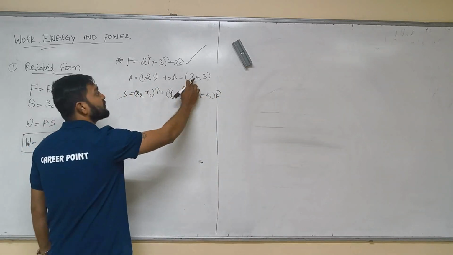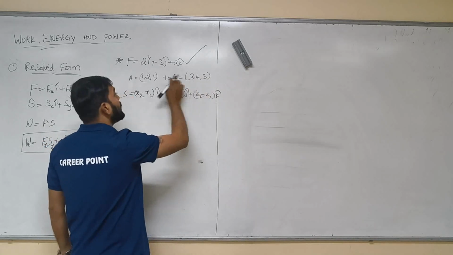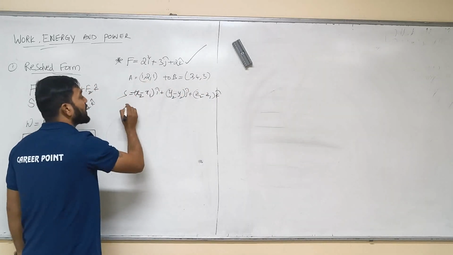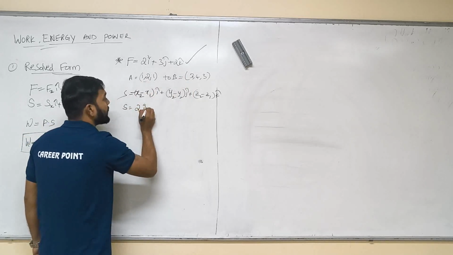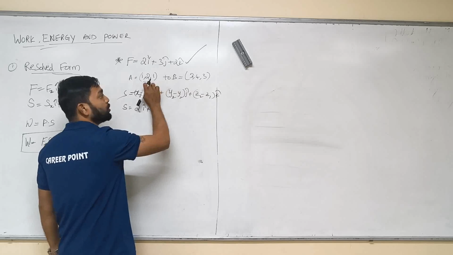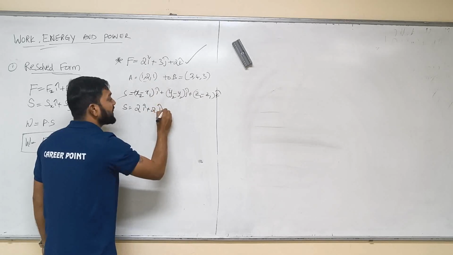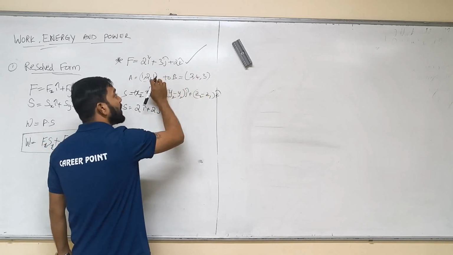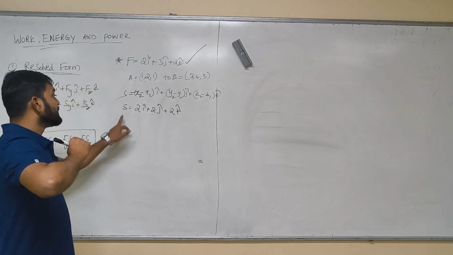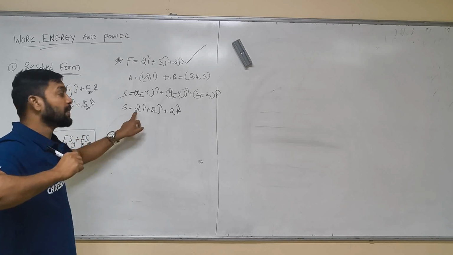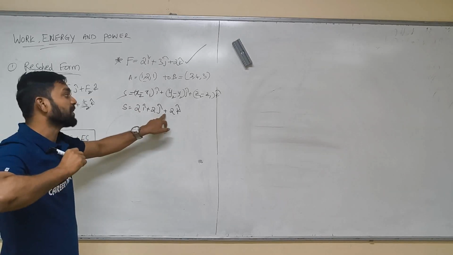So S will be equal to 3 minus 1, 2 i cap, plus here 4 minus 2 that is equal to 2 j cap. Here 3 minus 1 that is also equal to 2 k cap. So the displacement S is equal to 2 i cap plus 2 j cap plus 2 k cap.